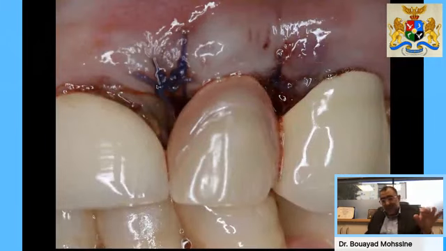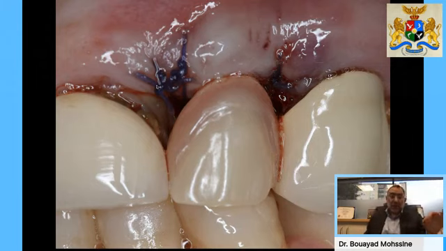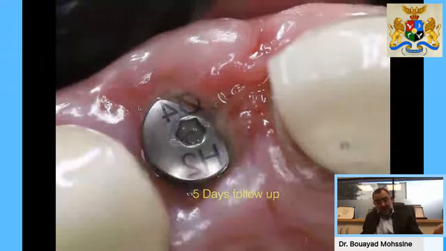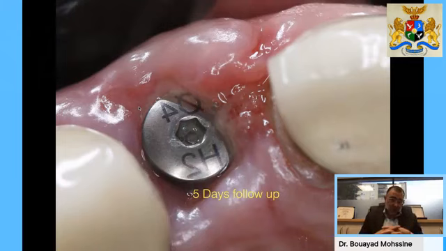And we placed the removable prosthesis in this area without pressure on the healing abutment. This is the picture 5 days follow up after the surgery. We appreciate here the new volume of the soft tissue in vestibular position.